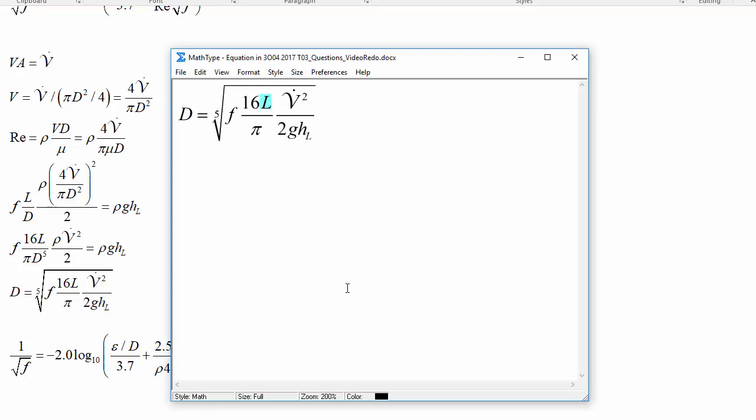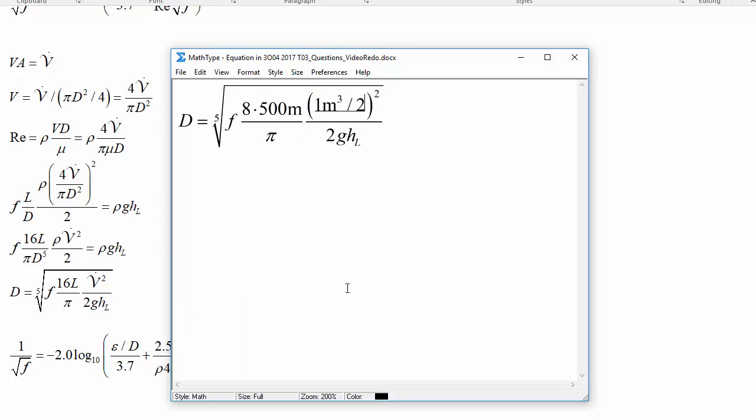So the 16 over 2 is just going to be 8, and we're going to multiply by 500 meters. The volumetric flow rate was just 1 cubic meter per second. G is 9.81 meters per second squared, and the head loss was 1 meter.